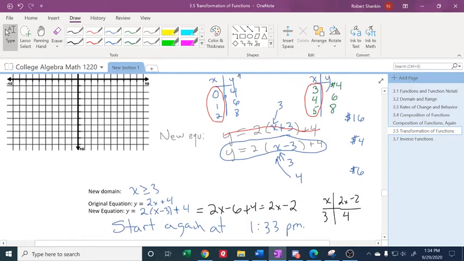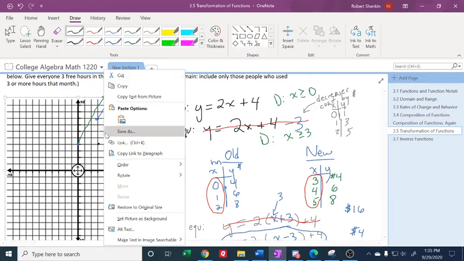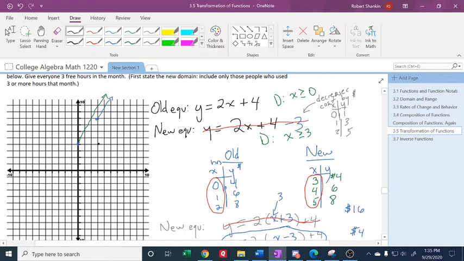You'd get these same outputs. And so it would be 3 over, 4 up, this point, and then 4 over, 6 up, this point. So it should be this curve right here, not this other curve in here.